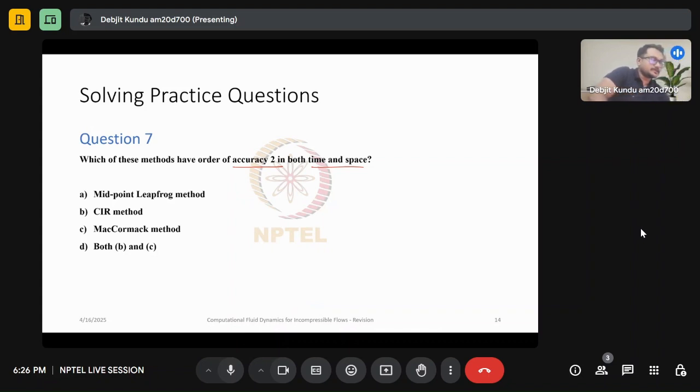Okay, so let's take a look at the solution. It's actually option A, the midpoint leapfrog method, which is nothing but a CTCS method. So use a central in time, central in space discretization.